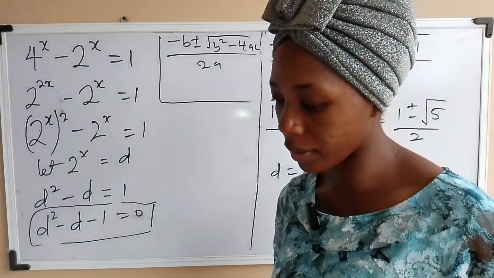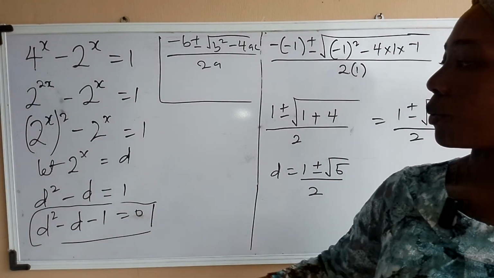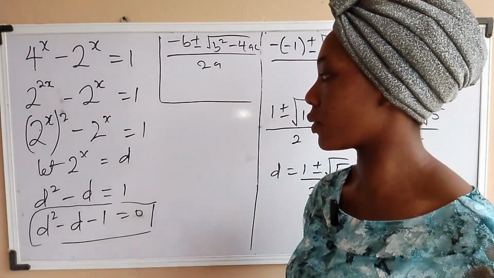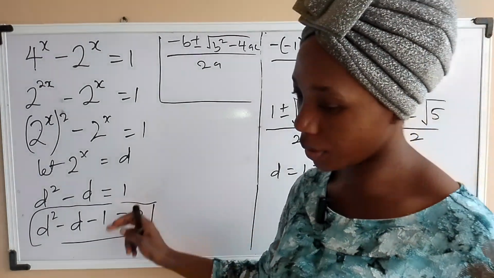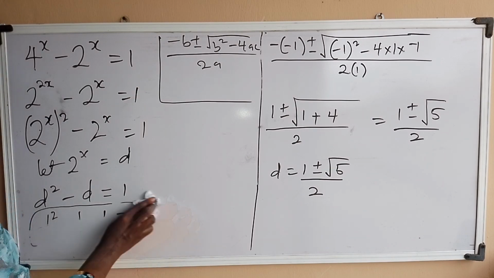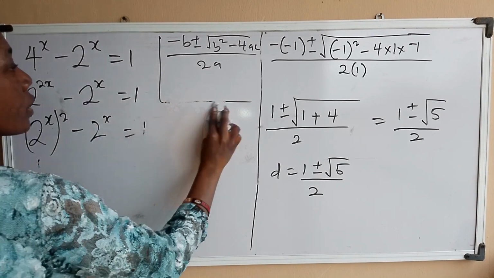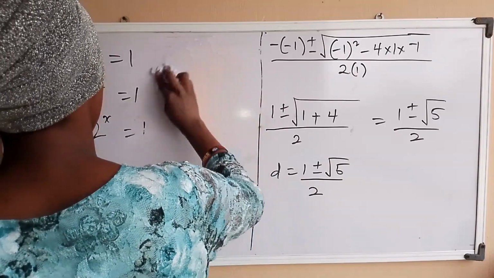Now remember that 2 to the power of x, we regarded it as d. So anywhere we see d, we're going to substitute this value here.